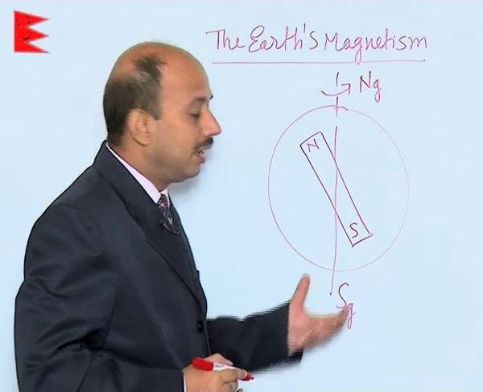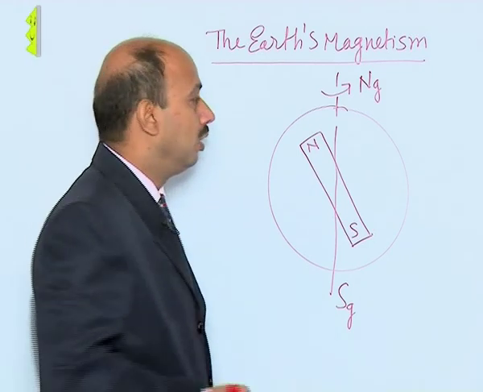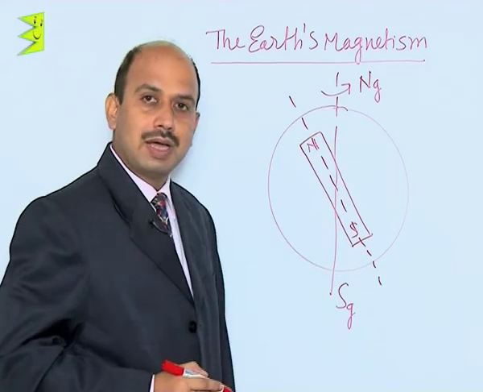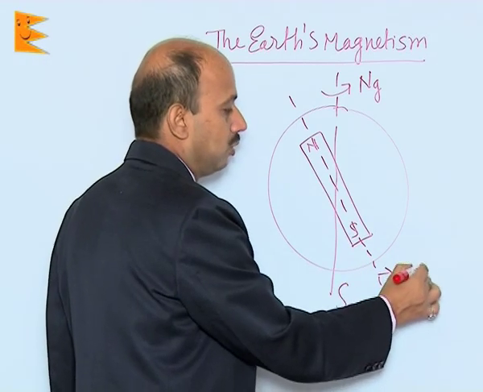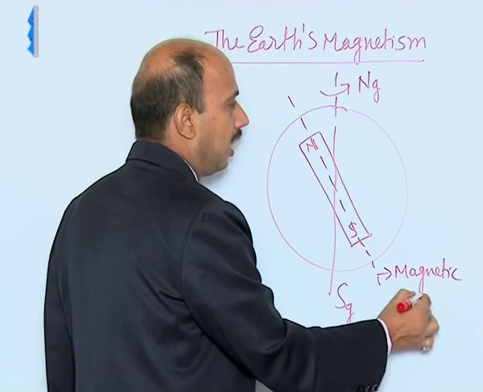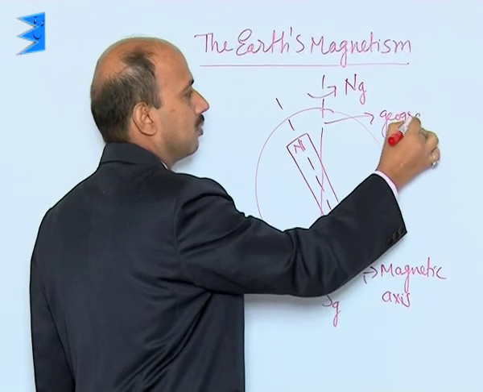Why does it align in this position? Now we have to see here. This axis, which is passing through this bar magnet, is known as the magnetic axis. And this we call the geographic axis.